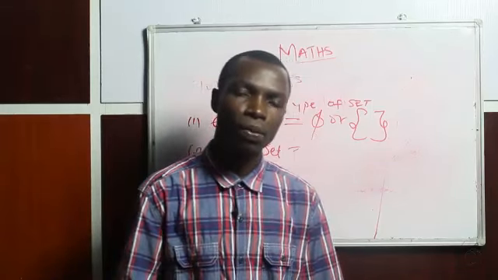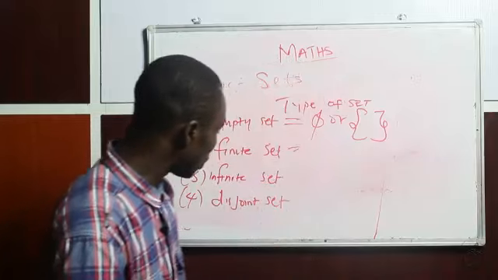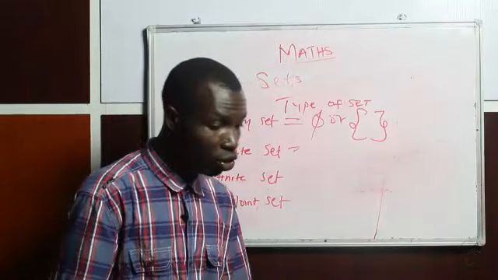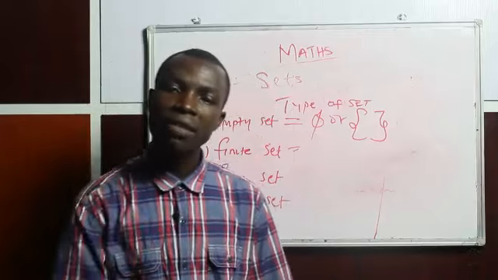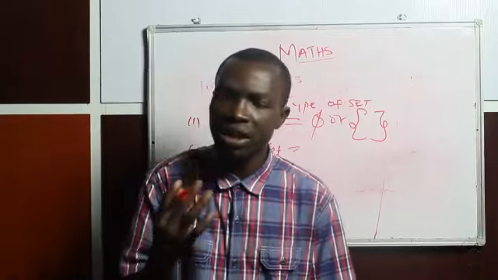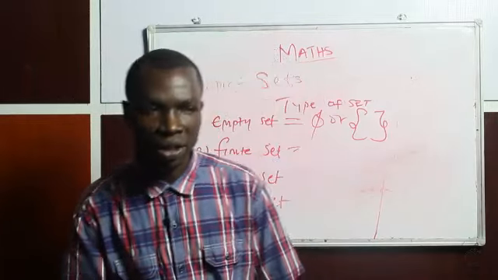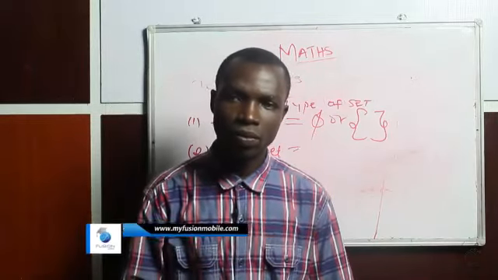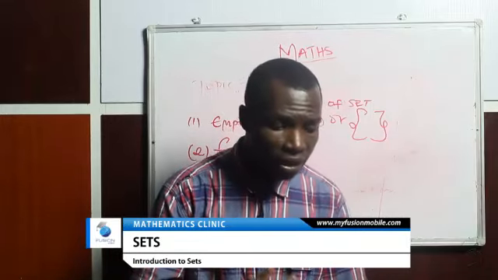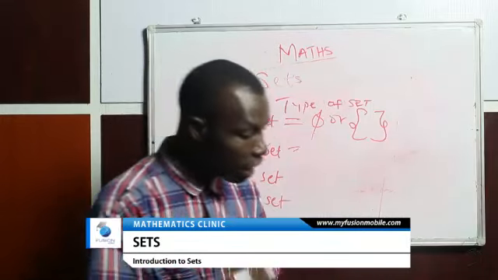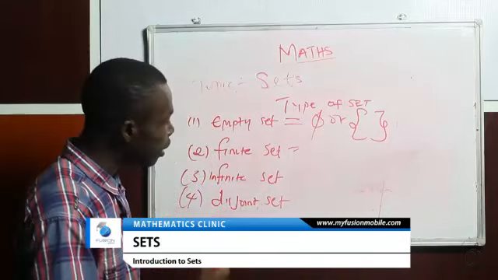I gave you an example. Now this type of set is called disjoint set. These sets have no element in common. When they say something is disjoint, it's just the opposite of an intersection. That is, it doesn't have anything in common.